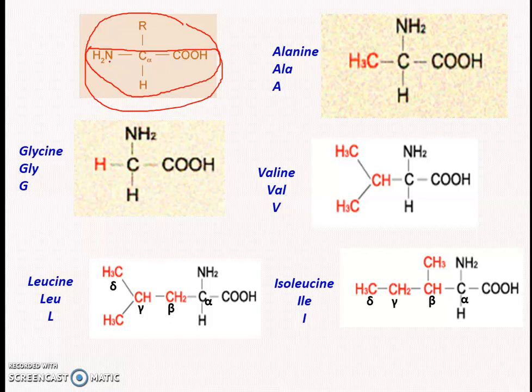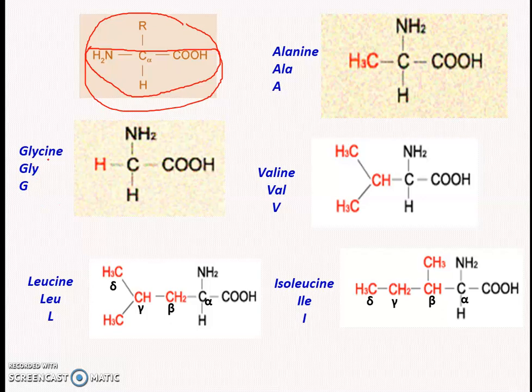Or else you can write CH, NH3 plus, COO minus in the ionized form, because when amino acids are dissolved in aqueous solution, they become ionized and form zwitterions. So here they become NH3 plus and COO minus.